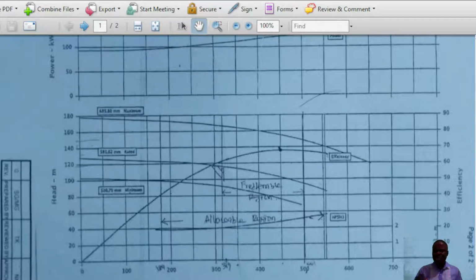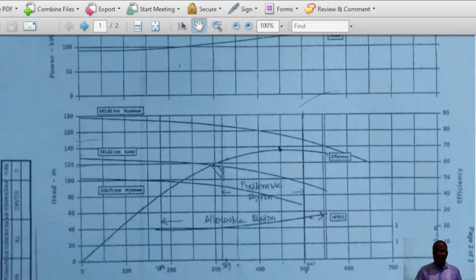So these are some of the things that you check for with respect to API 610, which is the standard governing the basic design of centrifugal pump. So if a particular vendor is not meeting a particular clause, then you have to comment on the data sheet for the vendor to review and then send you another revision of the data sheet.